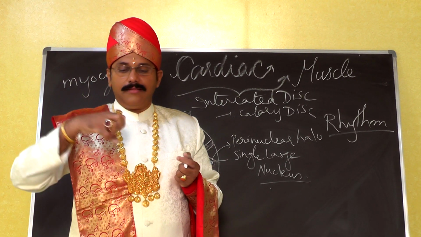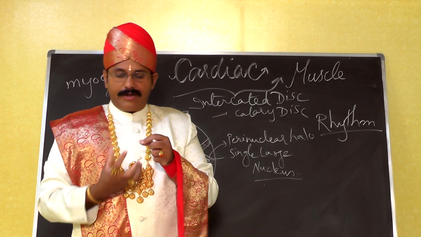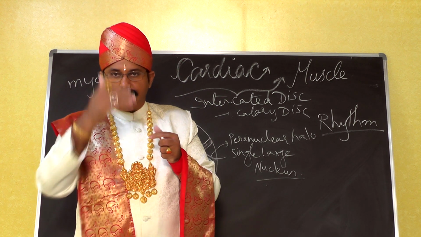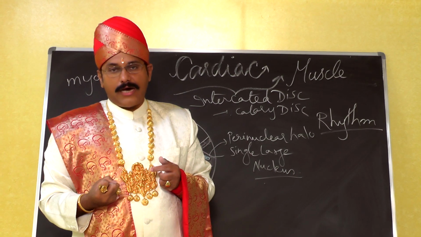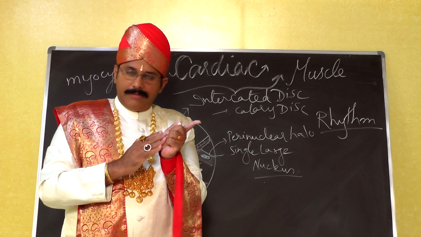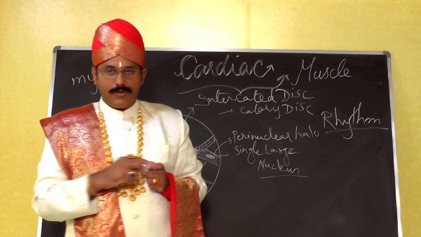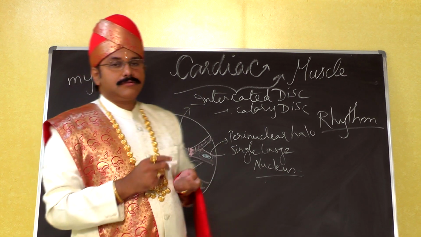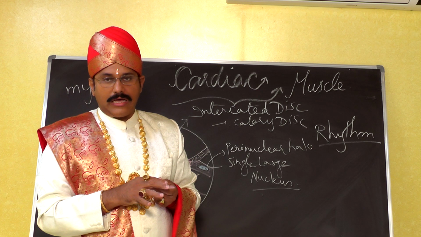So when the atria are contracting, the ventricles are relaxing, and the blood from the atrium goes into the ventricle. Again, when the ventricles are contracting, the blood is pumped from the right ventricle into the pulmonary trunk, and from the left ventricle into the aorta. This rhythmic contraction is the beauty of the cardiac muscle.